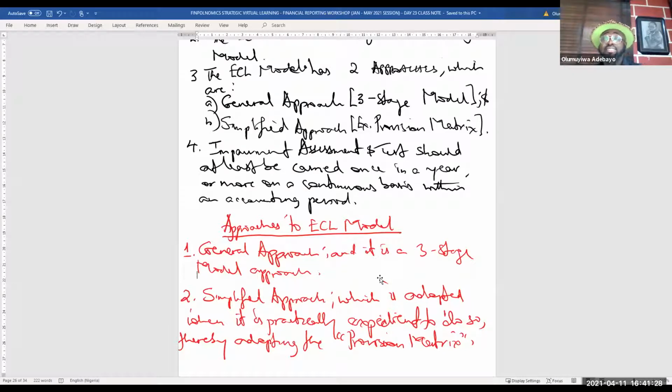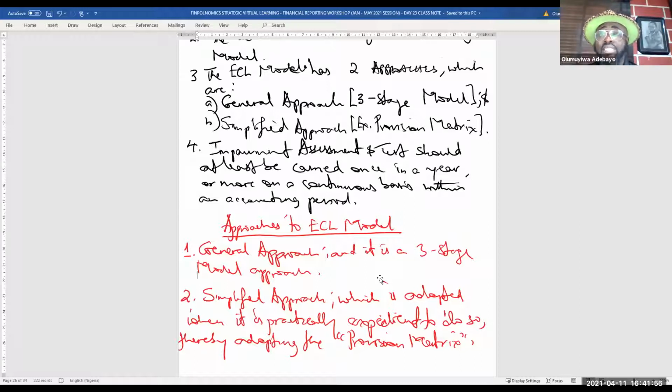That's why the standard provided a simplified approach for simple financial instruments and for those that may not have the capability to easily search for information or develop a robust model to address the sophistication of carrying out impairment assessment.